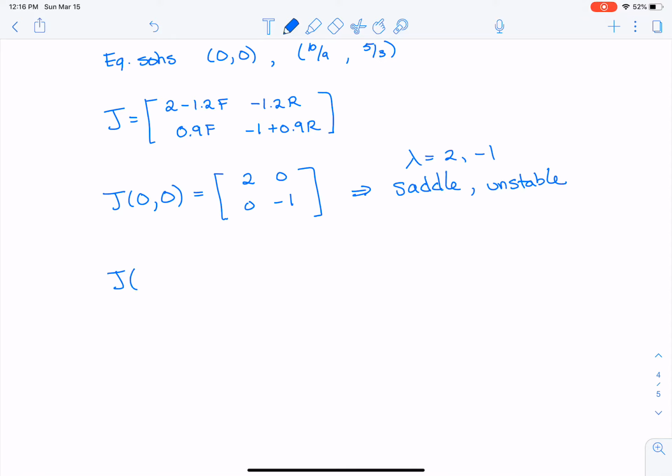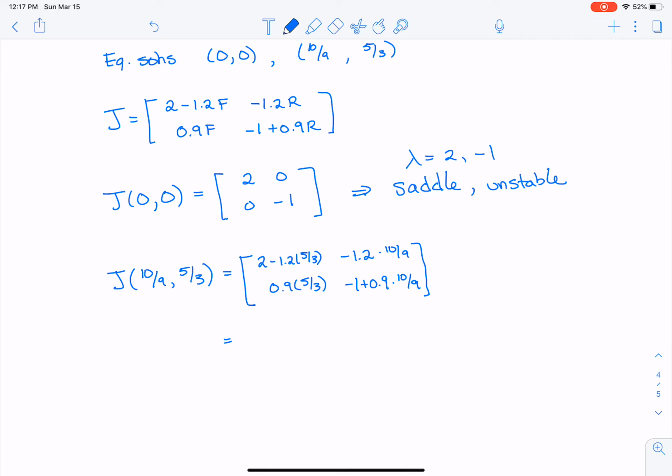That's 10/9 and 5/3. We want to plug that into our Jacobian matrix. So 2 minus 1.2 times 5/3, minus 1.2 times 10/9, 0.9 times 5/3, and finally minus 1 plus 0.9 times 10/9.